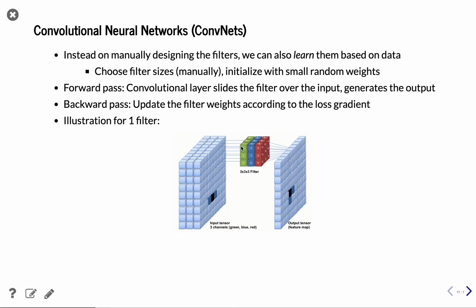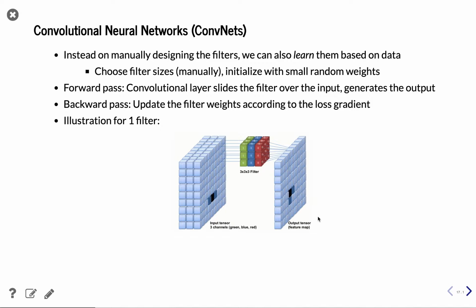So we take this one, we compute the convolution, and this will give us one output. And then we shift it again, and then we get the second output and so on. Now, in practice, we will not take the raw output. We will first pass the output through an activation function, but we'll come back to that. So how can we now learn these weights? Well, the same way as we always learn them. We take an image, we pass it through these filters, out comes a new output tensor.